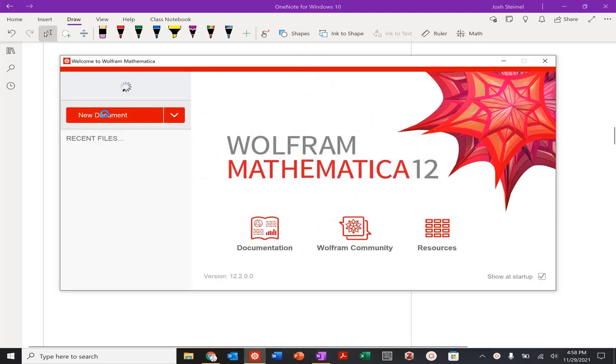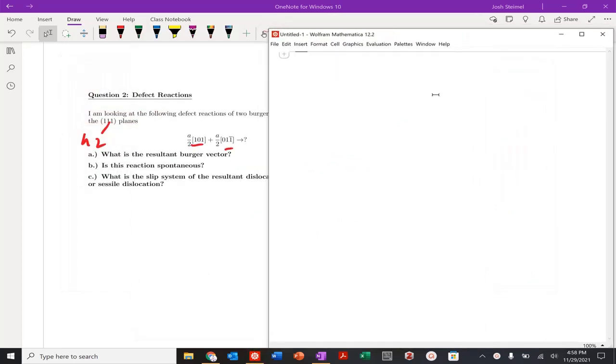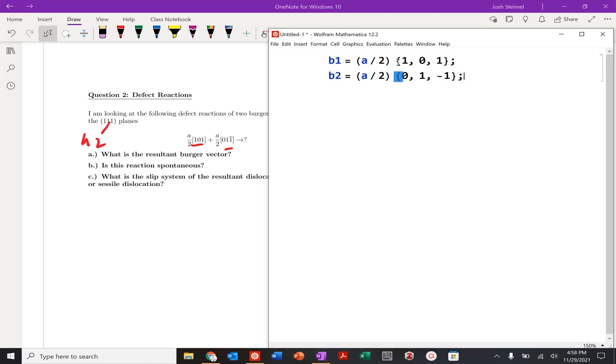Let's open up Mathematica. There we go. So I could now say that my B1 is equal to a over 2 times 1, 0, 1. And then my B2 is going to be equal to a over 2 times 0, 1, minus 1.